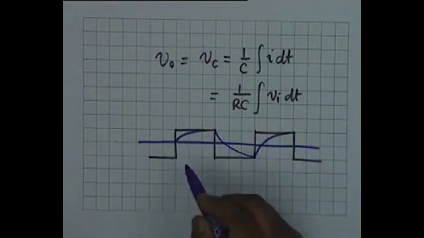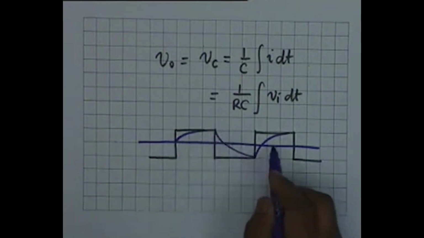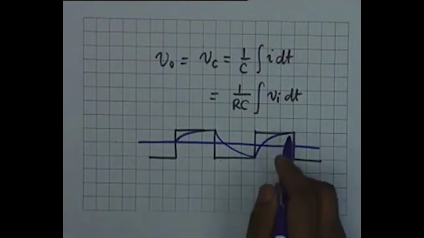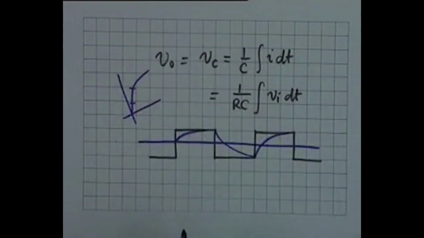They would be approximately straight lines if the time of charging and discharging is small. Isn't that right? For an exponential curve like this, if you consider a small portion, it can be considered as a straight line, and therefore it would be approximately an integrator if RC is far greater than T. That is, the time available for charging and discharging is much less compared to the time constant of the RC circuit.